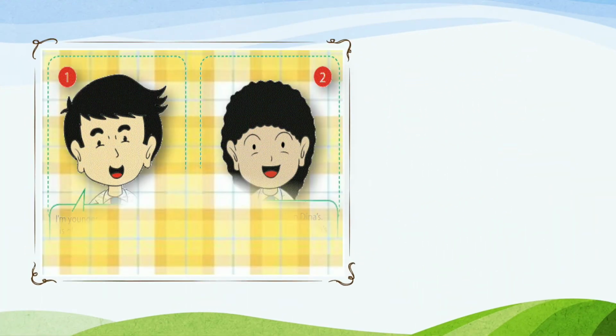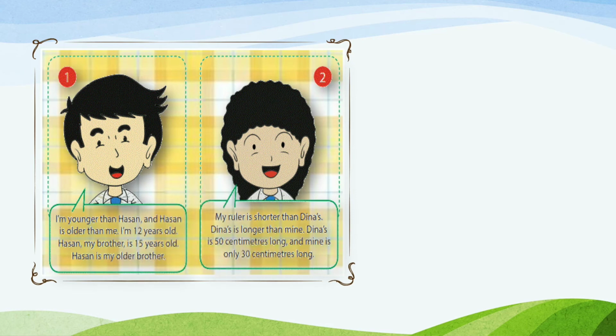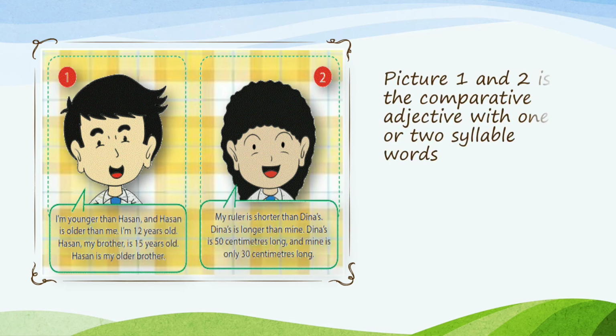Okay class, now pay attention to this picture. Picture 1 and 2 is the comparative adjective with 1 or 2 syllables word. There are younger, older, shorter, and longer.